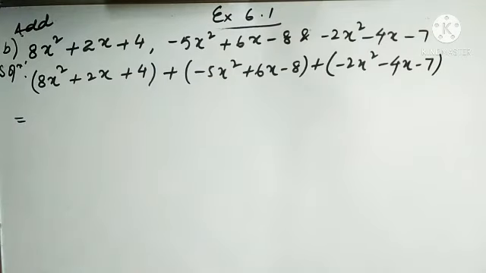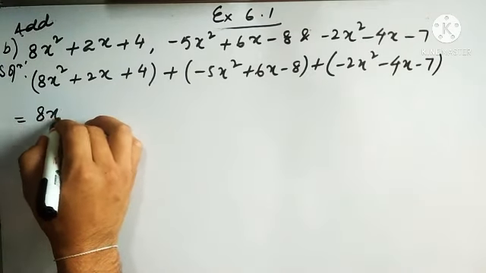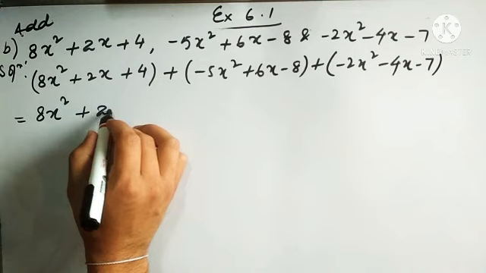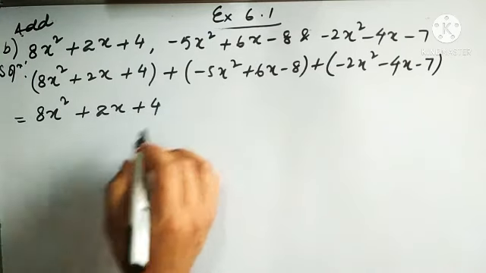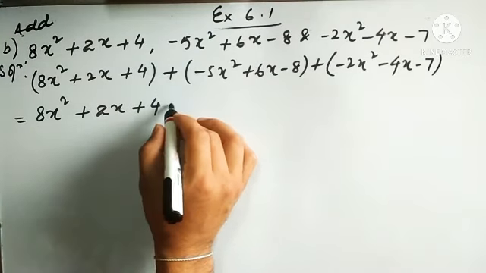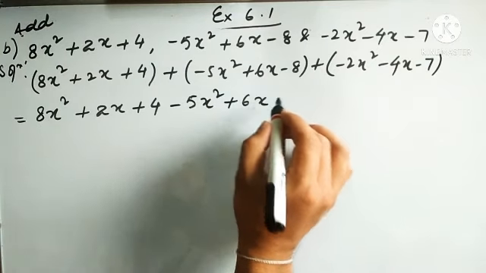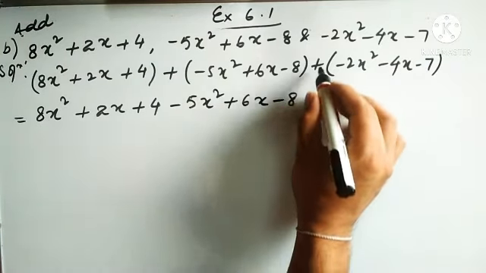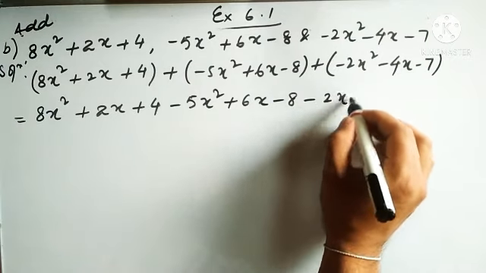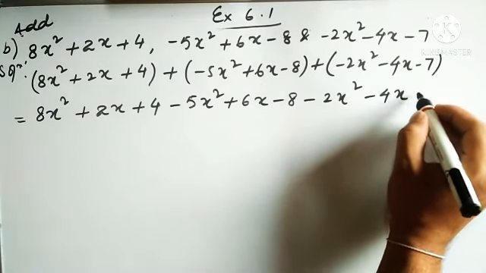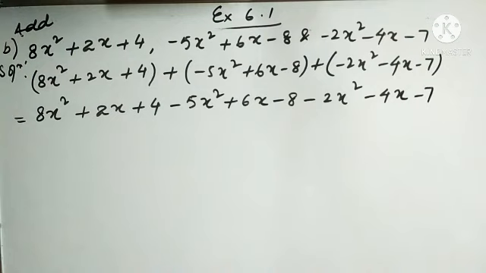This is the beginning, that's why I will not teach you how to do it shortly. With the correct process, let us go. 8x square plus twice x plus 4, plus into minus, you'll get minus, so 5x square plus 6x minus 8, plus into minus, minus twice x square minus 4x minus 7.